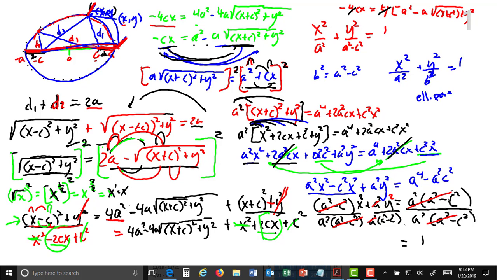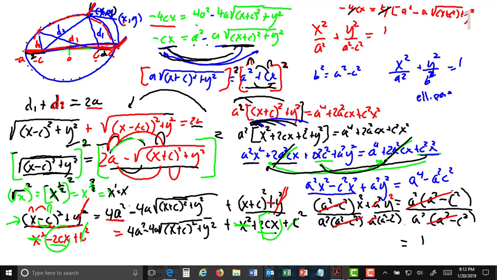So what I have here is, I have a squared x squared. Now, I'm going to take this term and bring it over here to be next to this x guy. And I'm going to take this a squared c squared to be next to the a to the 4th. So when I do that, right, this term went out, so I'm going to take this guy and bring it over.